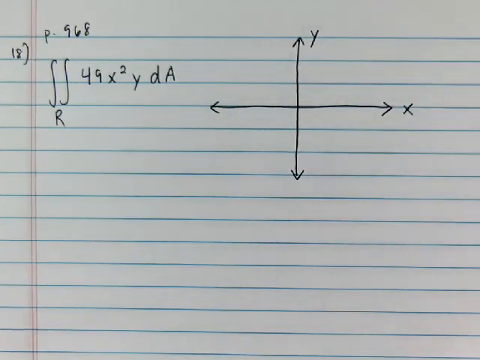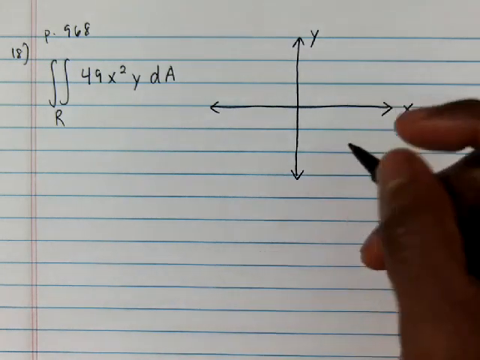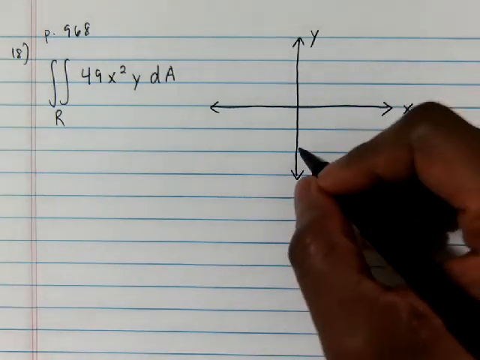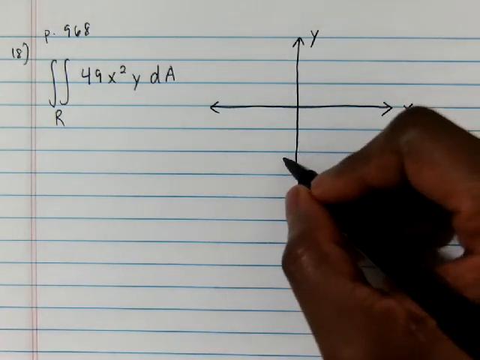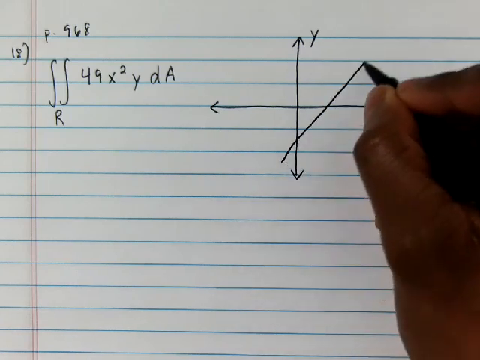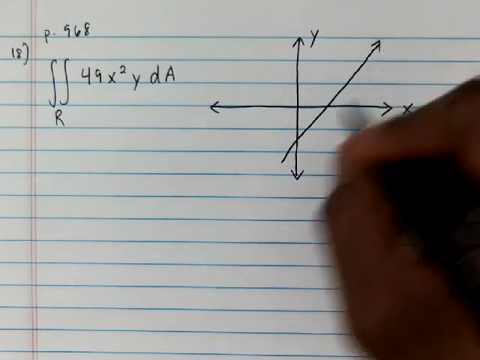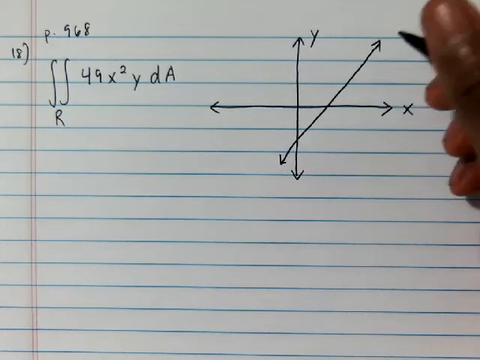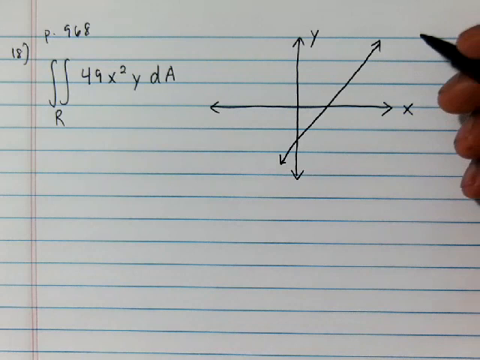All right, so first line we have 2x minus y equals 1, and then 2x minus y equals negative 2. So 2x minus y equals 1. This is not going to be drawn to scale either, but we're going to have something like this. And that was 2x minus y equals 1.